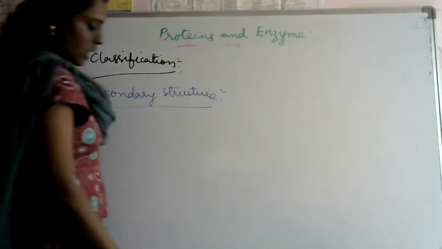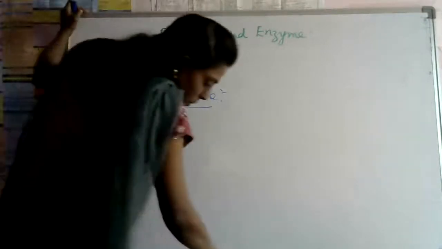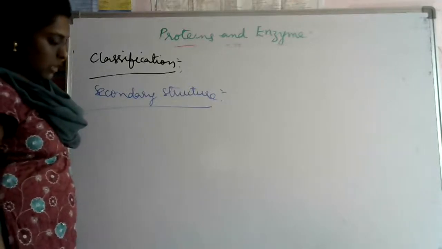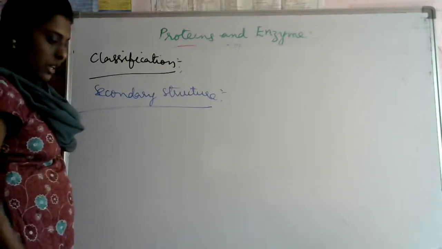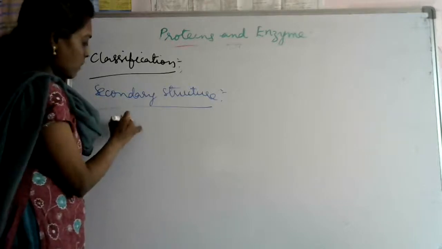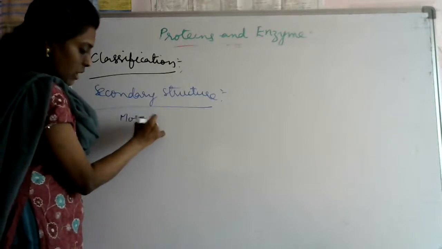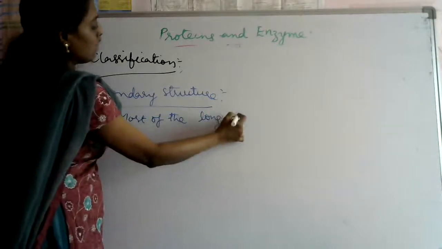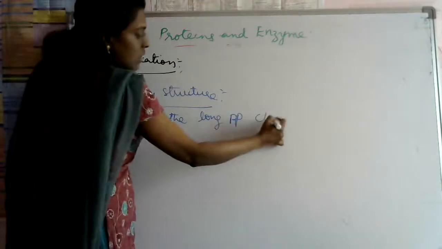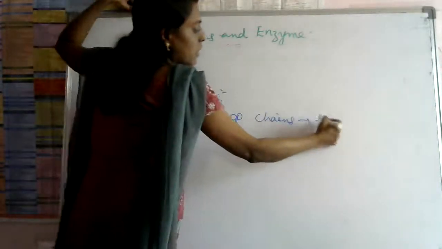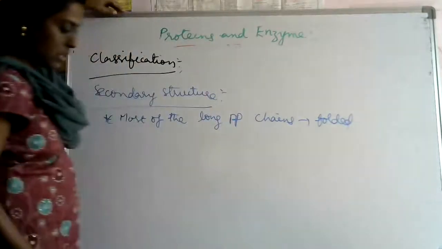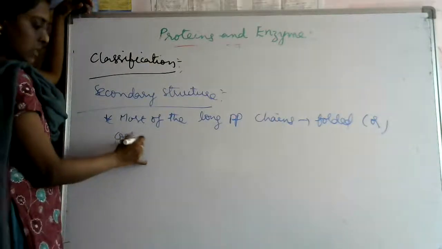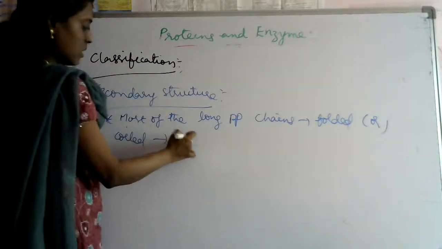Secondary structure: most of the long polypeptide chains are folded or coiled in a number of ways.